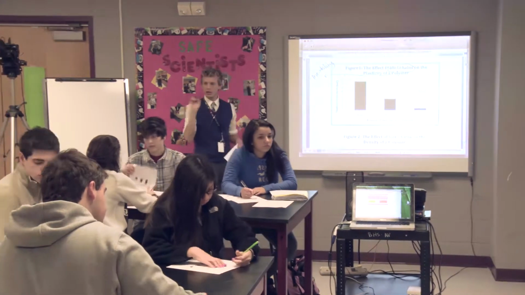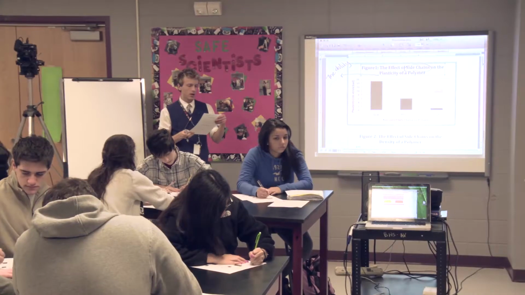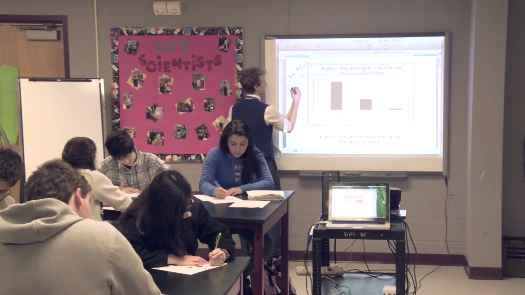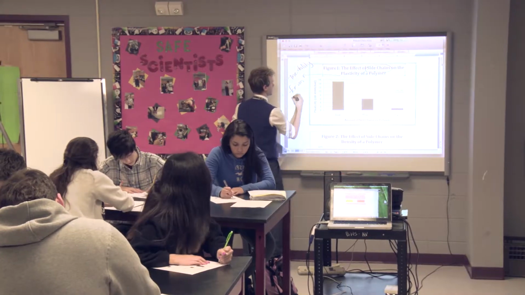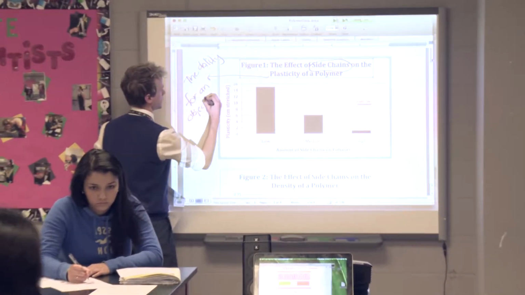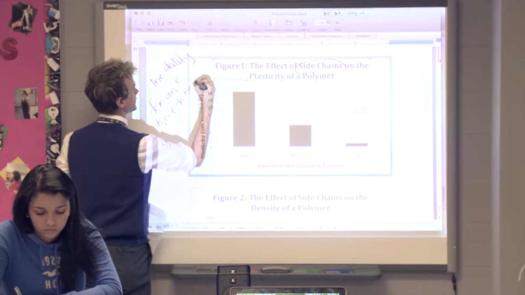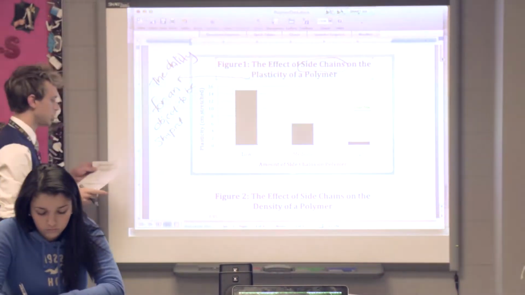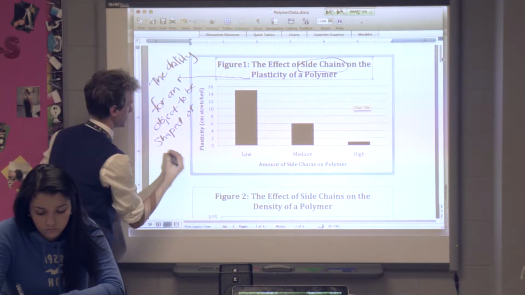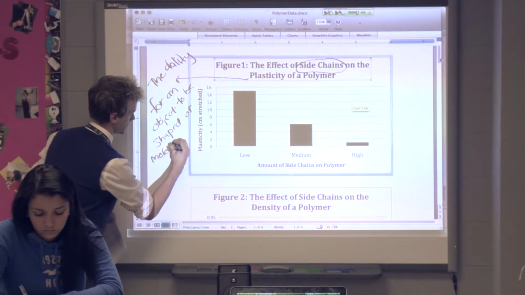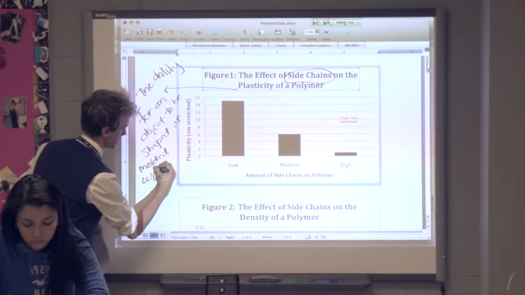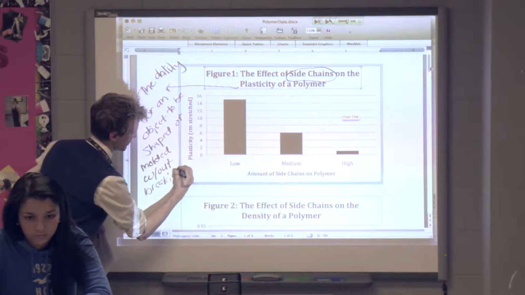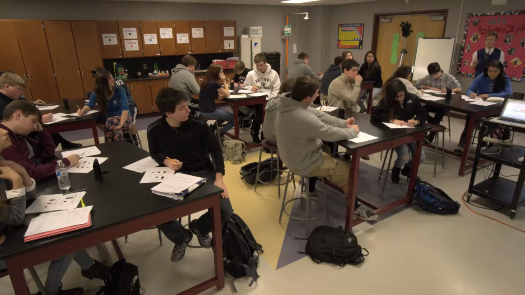The ability for an object to be shaped or molded without breaking. So that's what plasticity means.